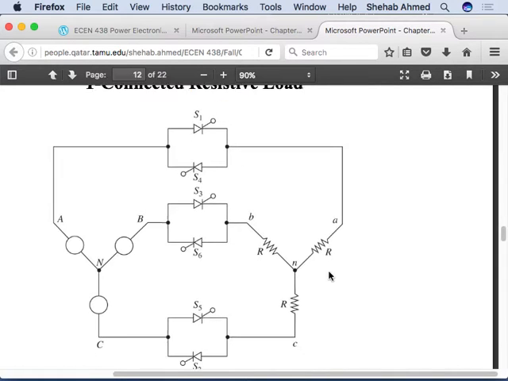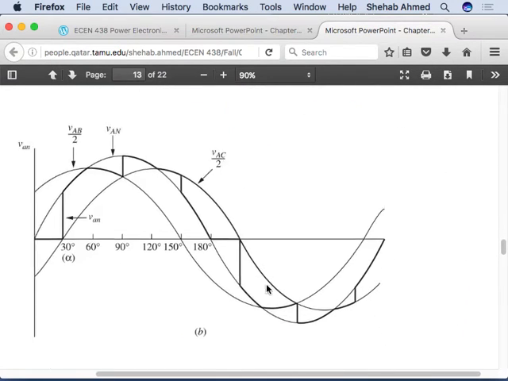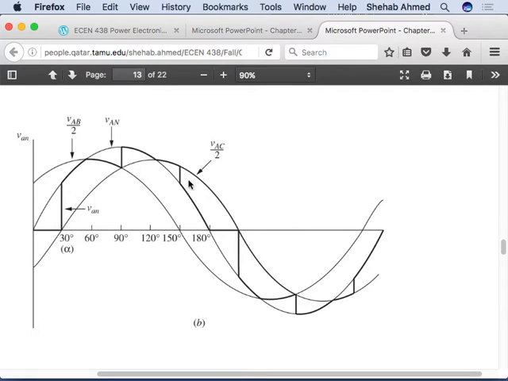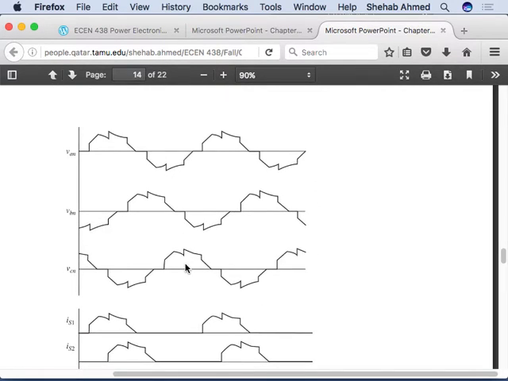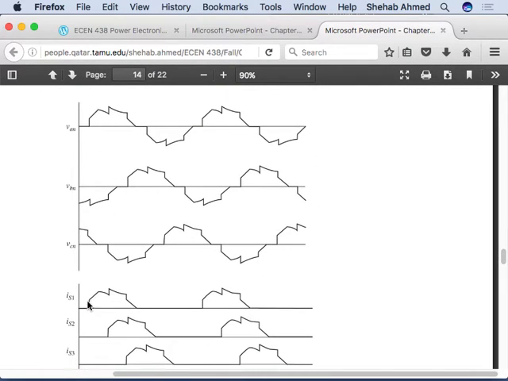So since we know the output voltage on the resistor looks like this, I can draw the current to the resistor. It will look exactly the same shape as the resistor voltage, right? The current here looks exactly the same as this.